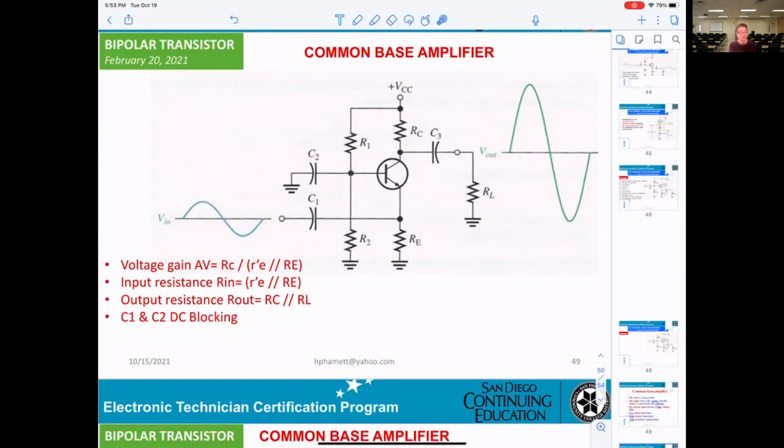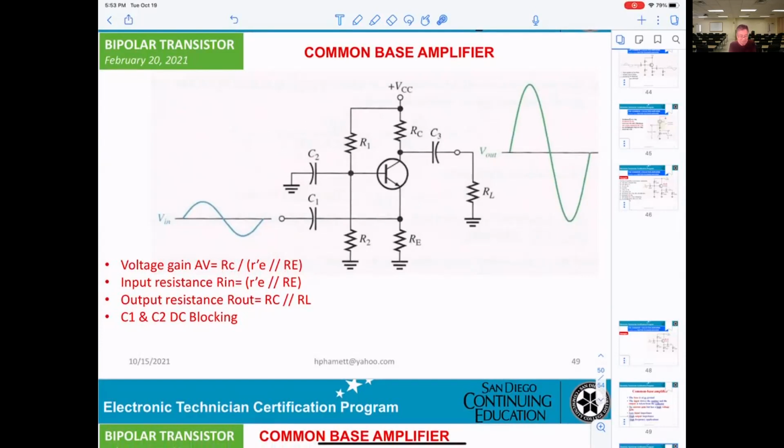However, you must understand what the gain is supposed to be, and how to apply input and output. Now, common base voltage gain, AV equals RC divided by R prime E parallel with RE.